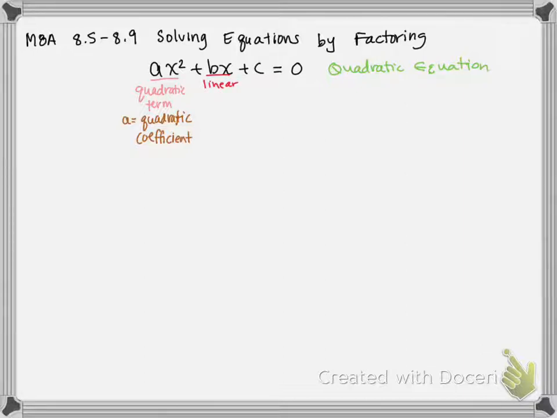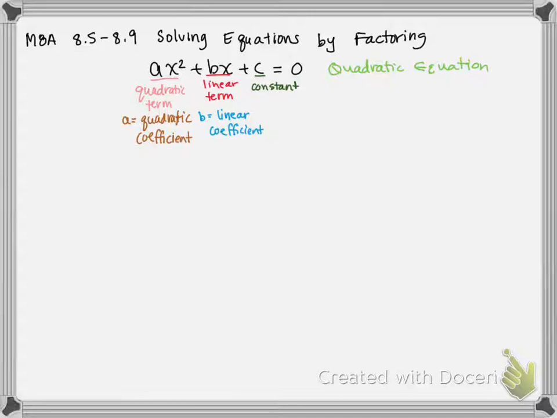You saw that a lot when we were in linear equations. And again, B is going to be the linear coefficient. And C is called a constant, because it's generally just a number, though sometimes they have variables.